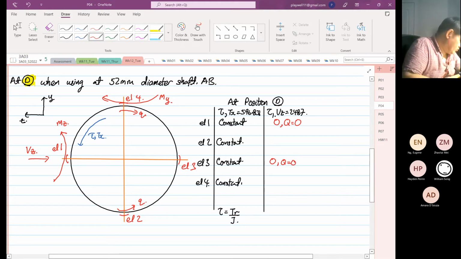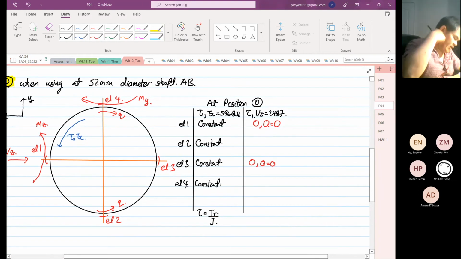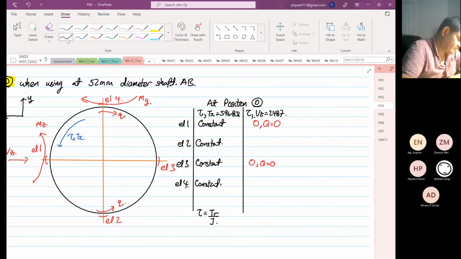Whereas element 2 and element 4 is not equal to 0. Okay. So now we know that we no need to consider element 1 and 3, because over there naturally Vz is not inducing any shear stress. Okay.